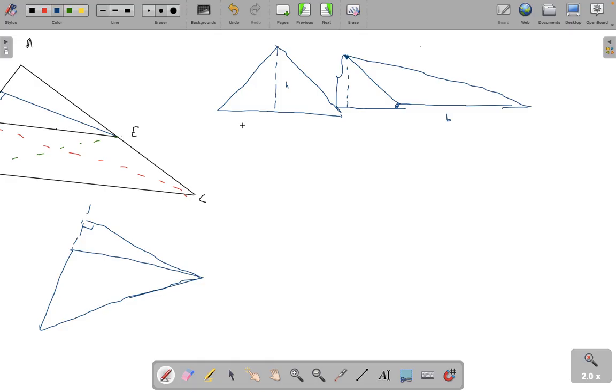Height is the perpendicular distance between two points. You are not saying this is a part of the triangle, this is just an altitude. Altitude is basically meant to say that this is the perpendicular distance between two points. It can be either inside or outside the triangle. Okay, any doubt?